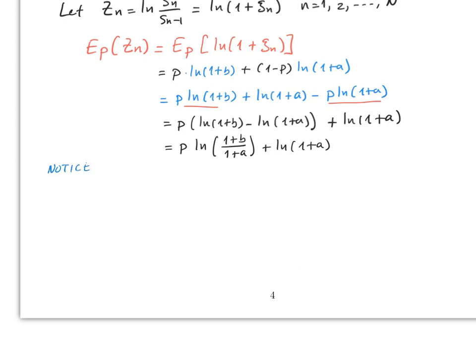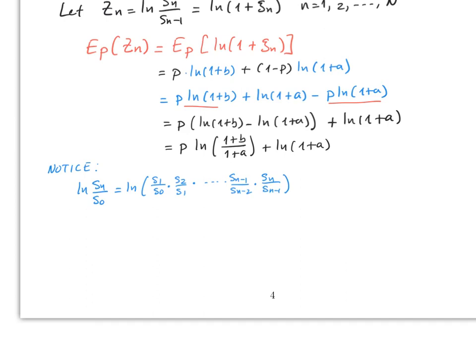So notice this. The ln of S_n over S_0 is exactly the same thing as ln of S_1 over S_0 times S_2 over S_1, because this will cancel, and so forth, all the way until you get S_{n-1} over S_{n-2} times S_n over S_{n-1}.